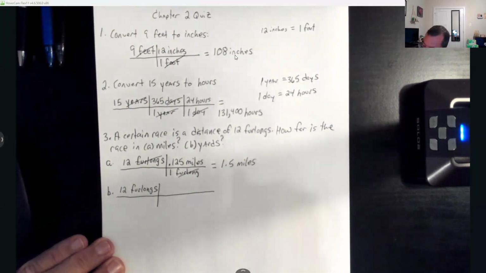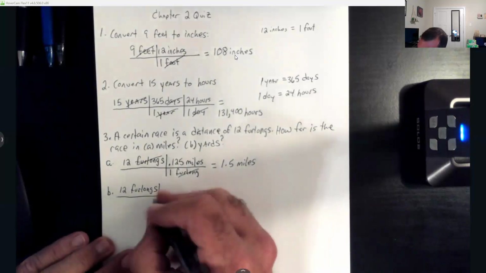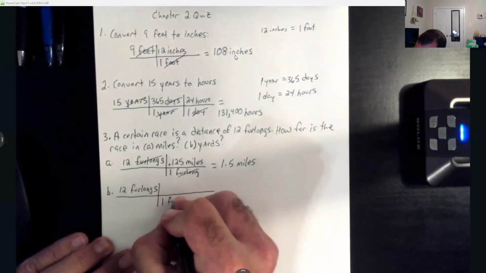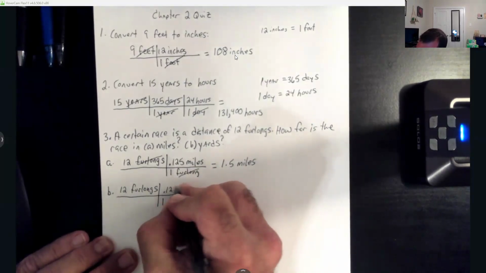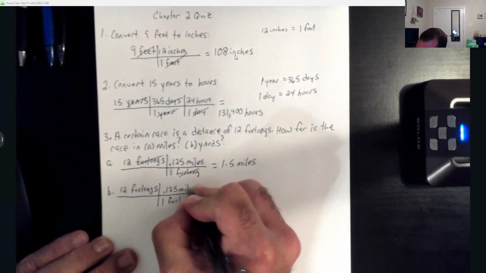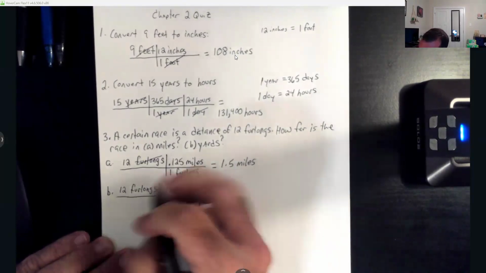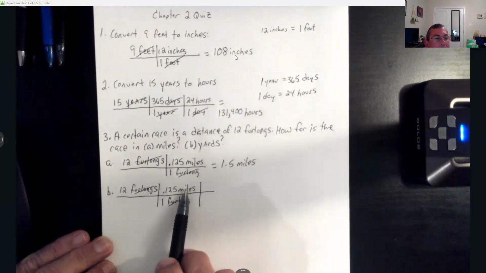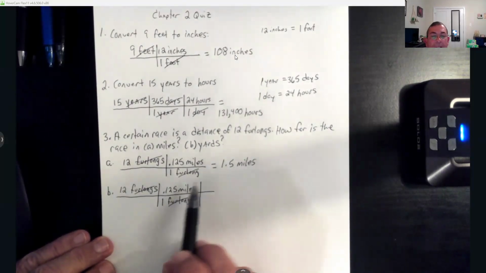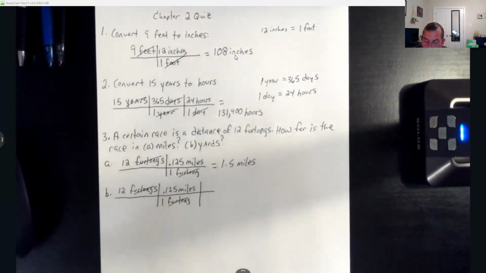Now, I already know how many furlongs is in a mile, so every 1 furlong is 0.125 miles. So that cancels the furlongs. So now what I got to do is turn my miles into yards if we can.